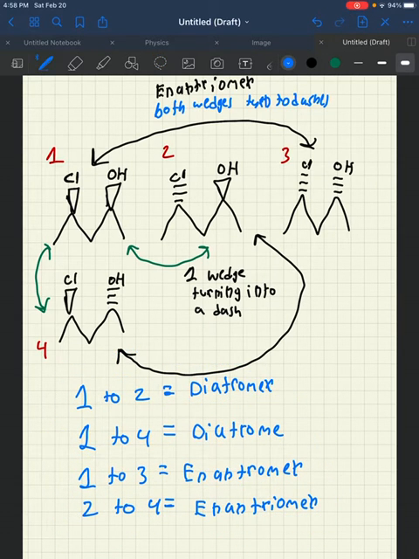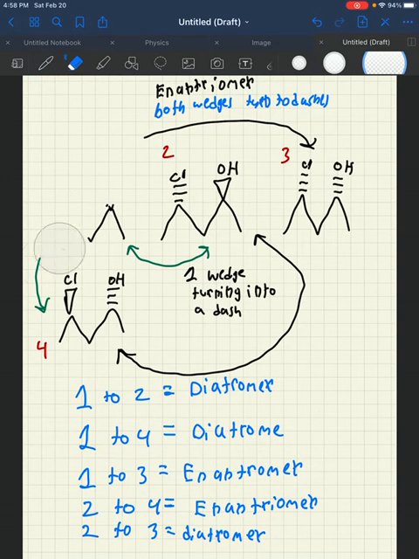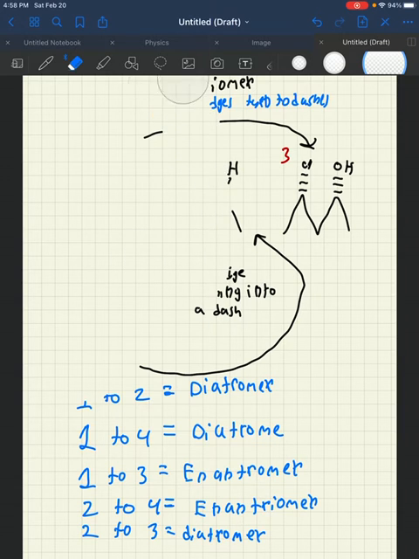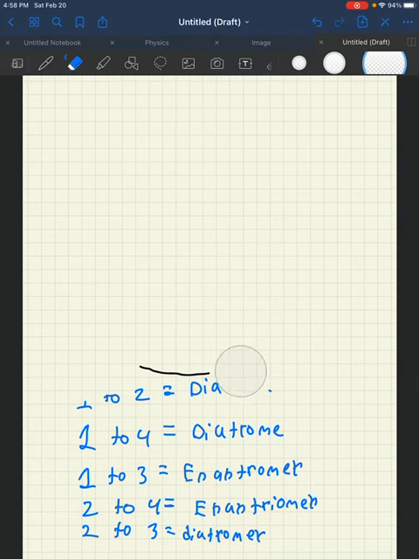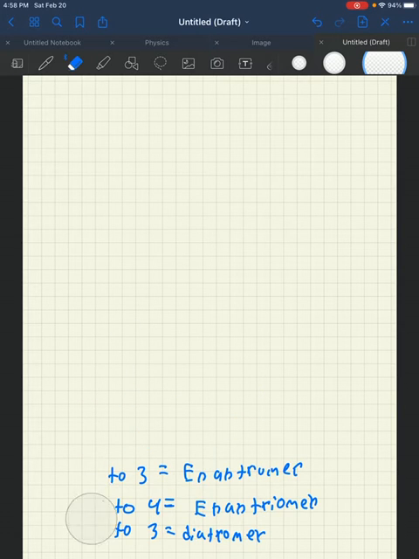Then we have 2 to 3, which would also be considered a diastereomer. So now that you understand this, let's move on to something else. Actually, I want to go back over stereocenters because I feel like that's very beneficial in a more complex setting.